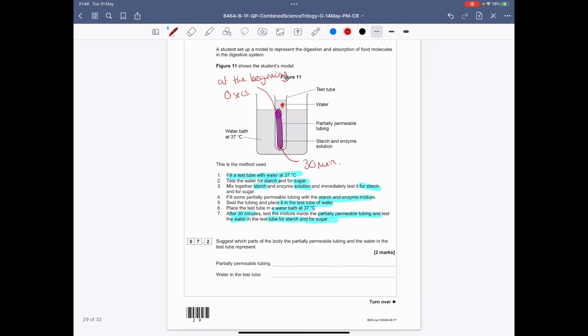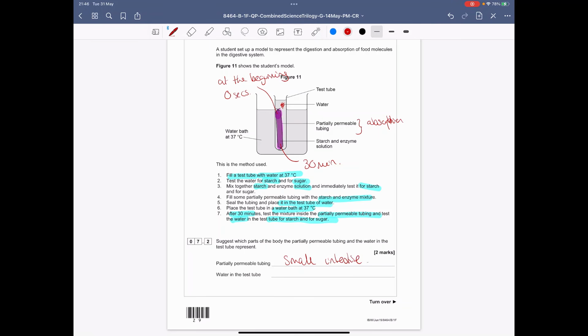Suggest which parts of the body the partially permeable tubing and the water in the test tube represent. So the partially permeable tubing, this is to do with absorption. Now, the organ in our body that does the absorbing of food nutrients is the small intestine.